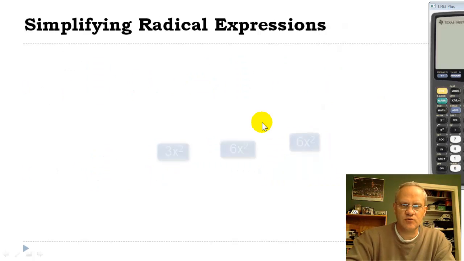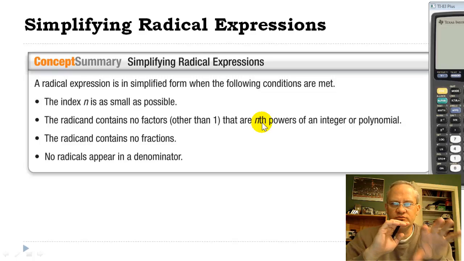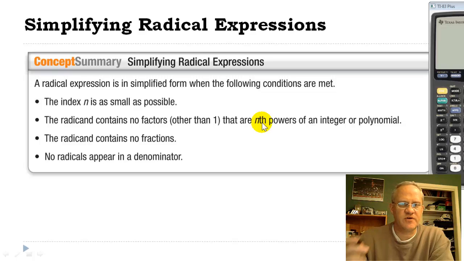All right, onward. Just a quick little list here to remember what you're doing when you're simplifying. Remember, the index is that little number outside the radical, so we want to make that as small as possible. If we can totally get rid of it, we're going to totally get rid of it.